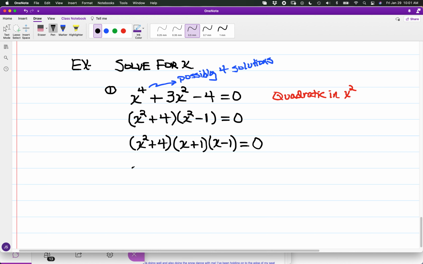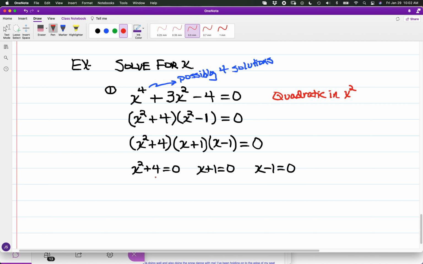And if we set equal to 0 all of x squared plus 4 as well as x plus 1 and x minus 1, again, we have upon setting equal to 0.